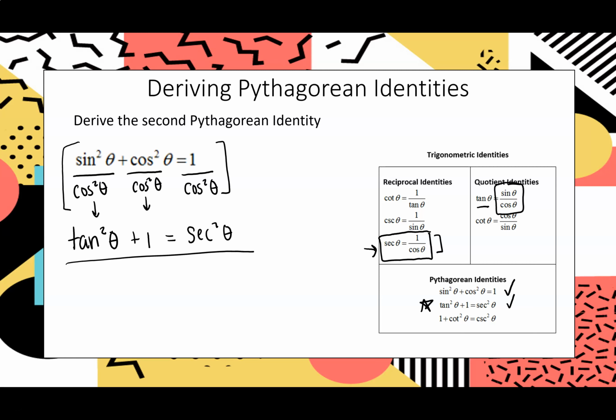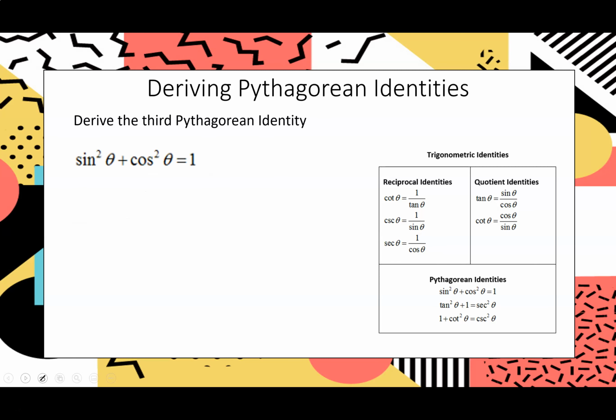All right, let's see if we can prove the third identity. Just notice that we divided by cosine squared theta. So what do you guess we're going to divide this one by? Well, the hint here is that we've got a 1 right here for the third identity we're proving. So if I want to get a 1 here, I have to divide by sine squared theta.